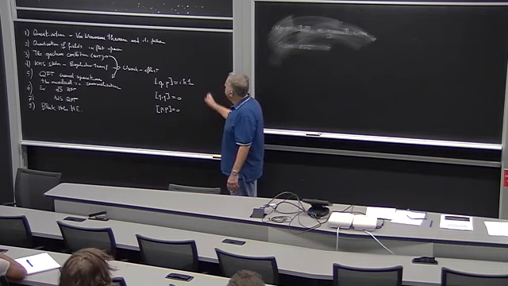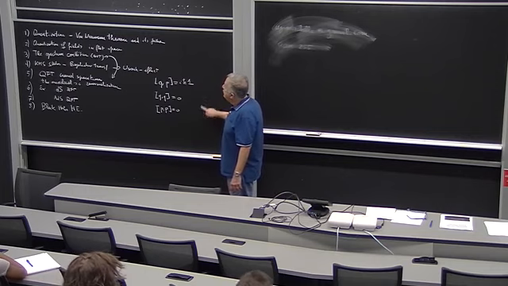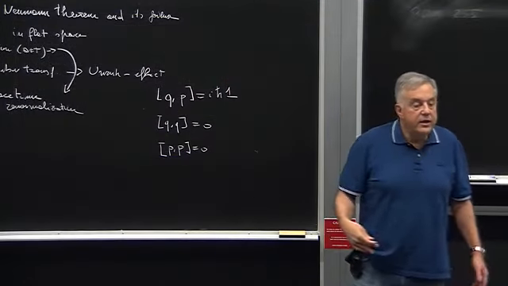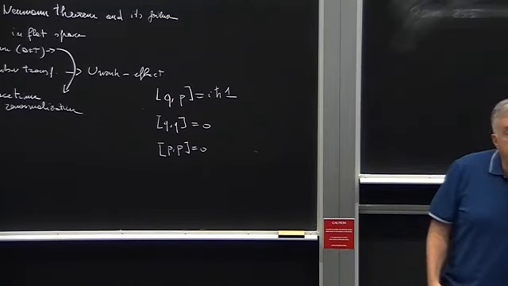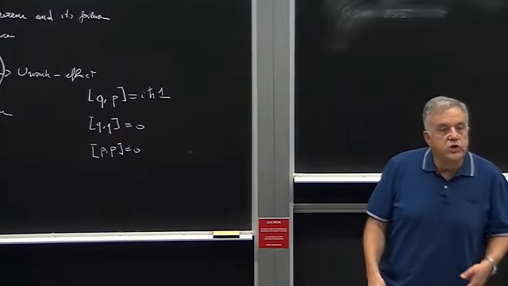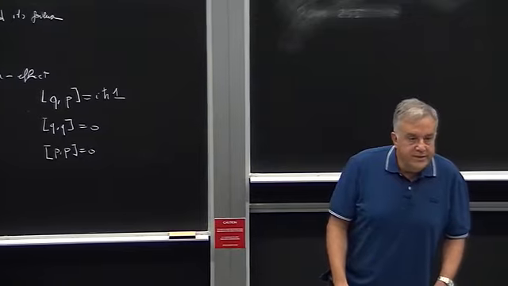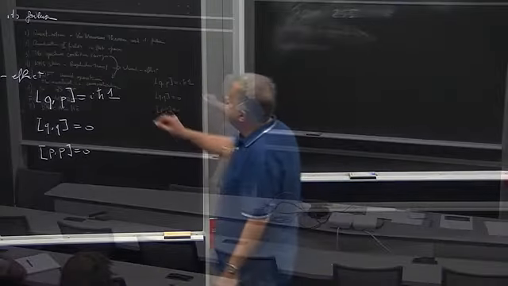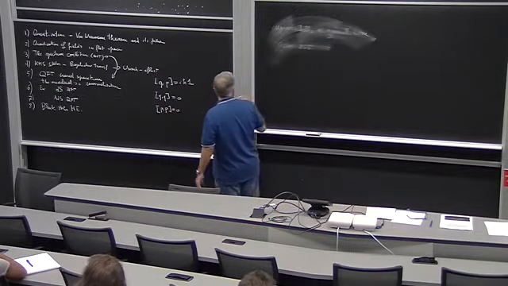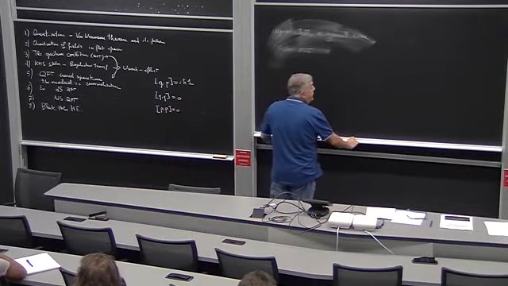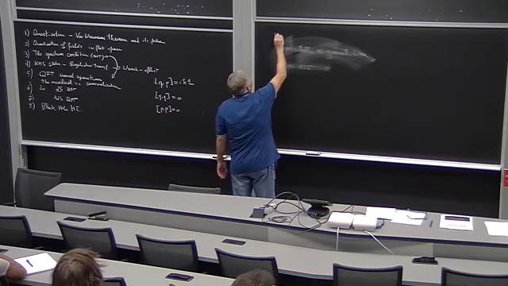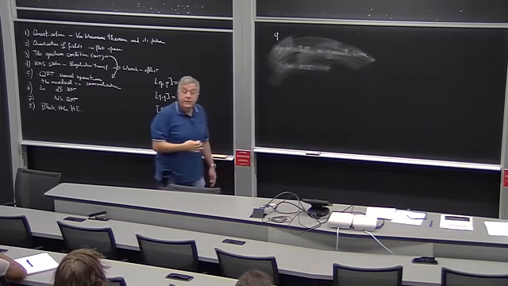And this is the departure point between classical and quantum mechanics of systems having finitely many degrees of freedom and quantum field theory, which is a theory of systems having infinitely many degrees of freedom. So let me tell you the general idea, before entering into the mathematical details.